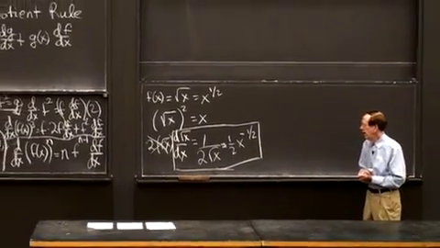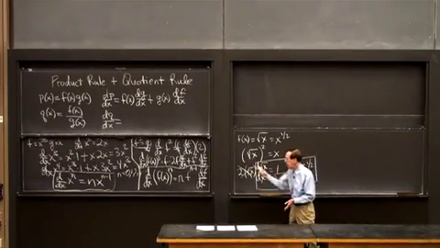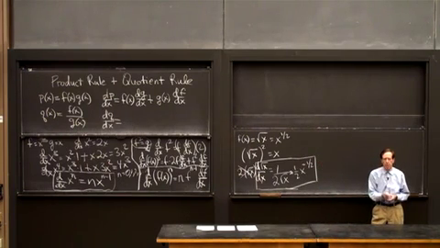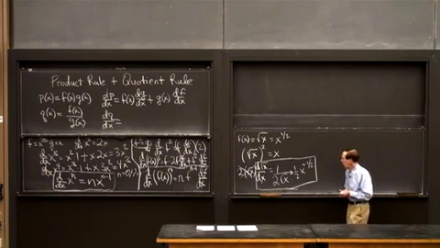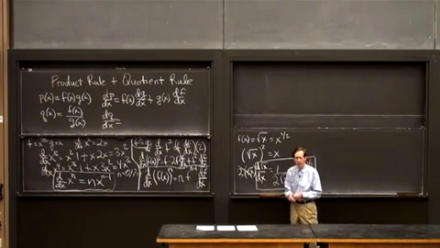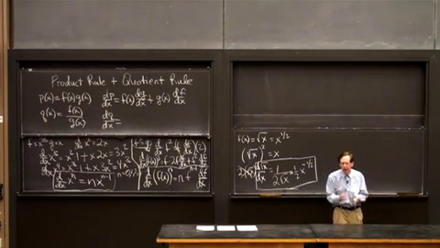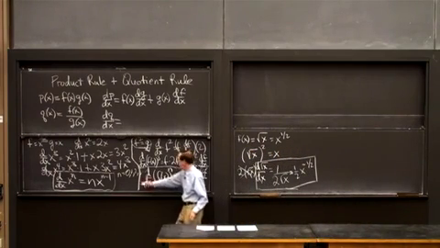Okay. Now, my pattern held for n equal 1/2. And maybe I'll just say that it also would hold for cube roots and any root and other powers. So in other words, I get this formula.